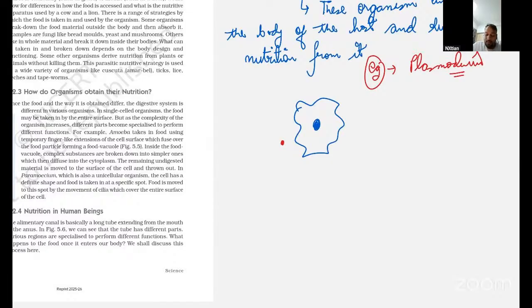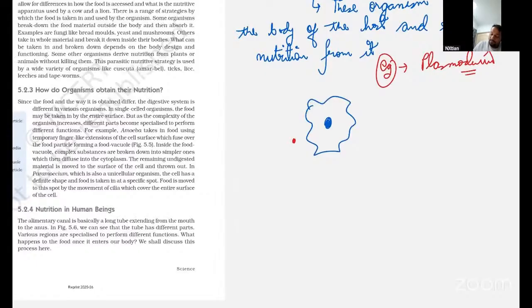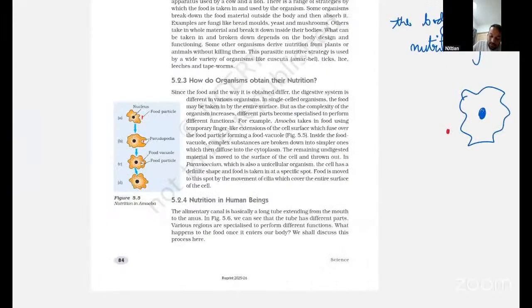But paramecium, which is mentioned in this diagram, has a definite shape. Unlike amoeba, which has an indefinite shape and can change its shape, paramecium has a definite shape, and food is taken at a specific spot.